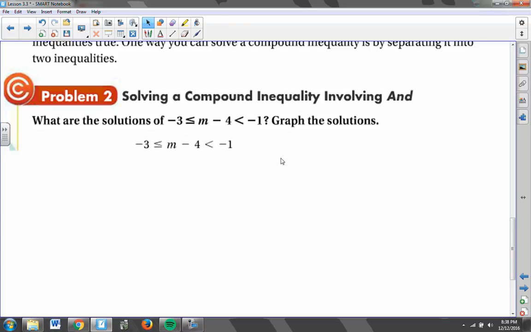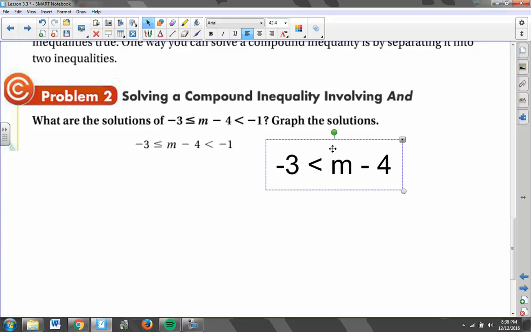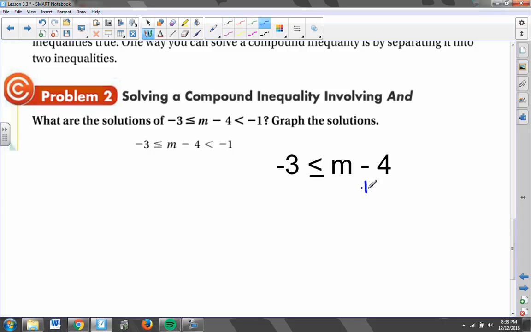So I can say, well, -3 I know is less than or equal to m minus 4. In order to solve this inequality, I just have to add 4 on both sides. And that gives me 1 less than or equal to m.